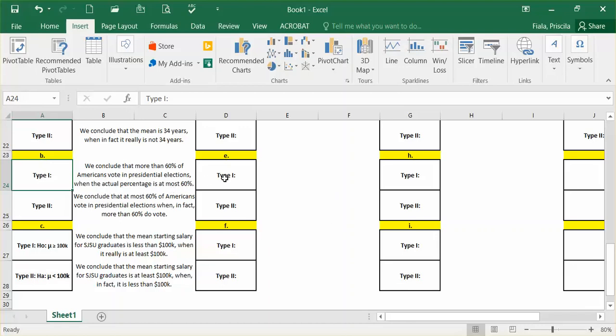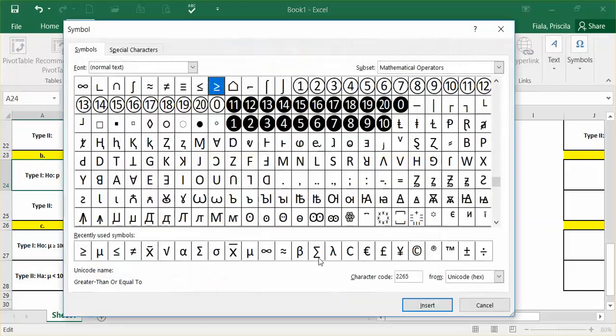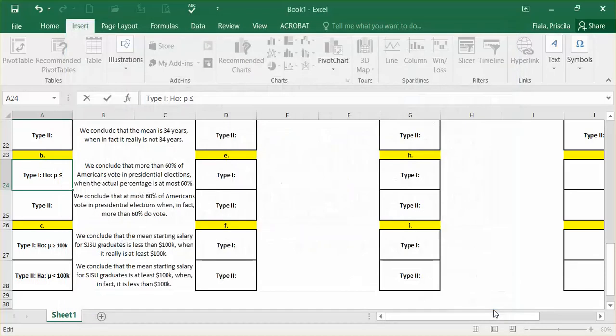When the actual percent is at most, therefore my null hypothesis is at most and is a proportion, correct? Because it's a percentage, and at most, so no more than or equal to 60%. Therefore, my alternative has to be that the proportion is higher than 60%.